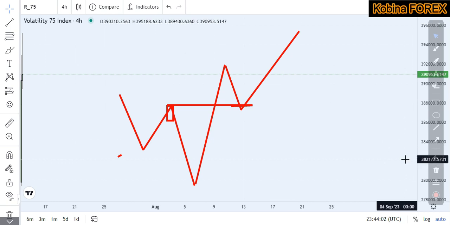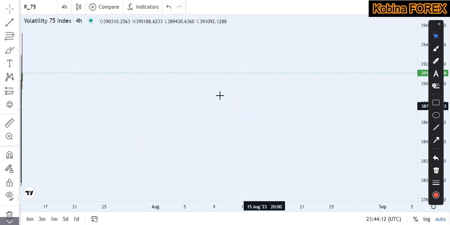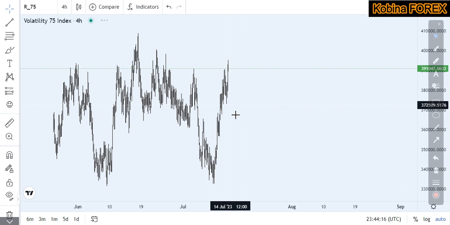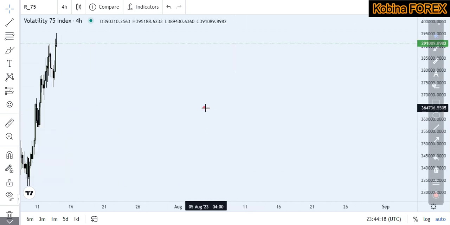One of the things about this kind of setup is that it gives you very good entries and also minimal risk. So now let's go to the chart and see how it applies.